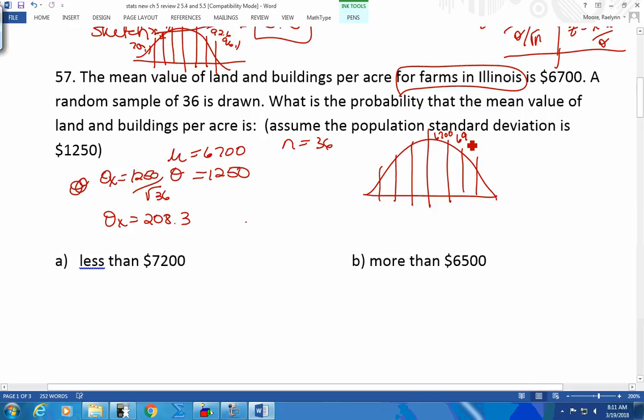So just keep adding 208. So 6908, 7116, 7324. My sketch has to be from this guy. It took my standard deviation and it shrunk it in. So my original sketch with my 1250 looks like this. My one that I'm doing is going to look like this.